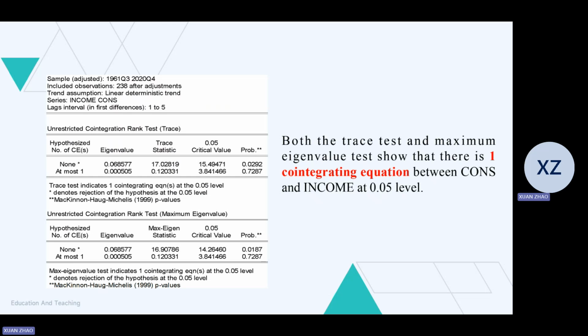Therefore both the trace test and the maximum eigenvalue test show that there is one co-integrating equation at the 5% level.